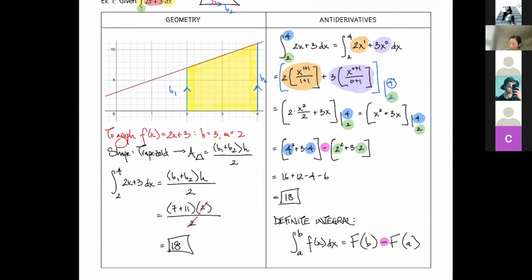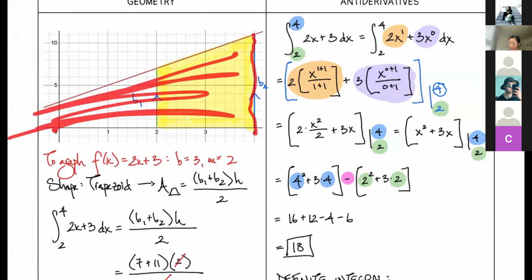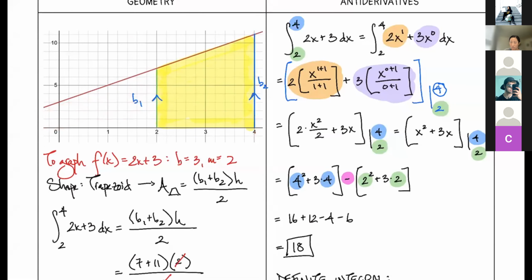However, if we think about what we're trying to find, gosh, what's the best way to describe this? If we just plugged in 4, that would be all the area all the way up to here, all of the area that came before up to 4. And if we just have 2, that means it's all the area up until 2. So if I want to find the area between them, I'm going to subtract them.